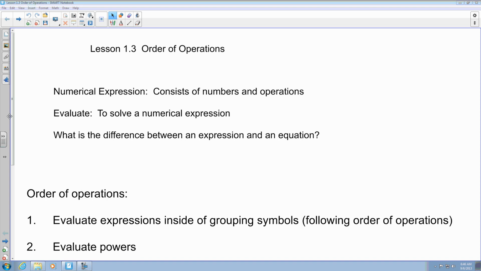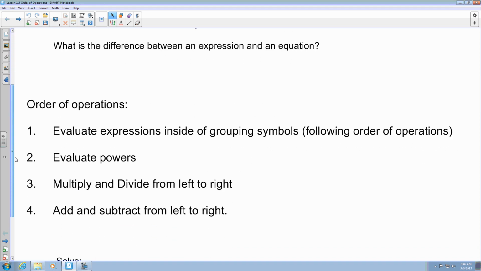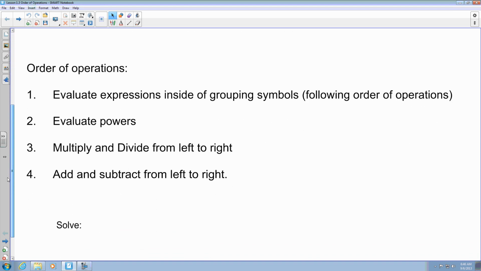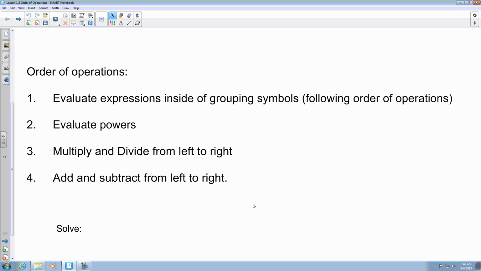So going more into what we're looking at today, we're going to talk about order of operation. Here are the steps that you have to look at in order to solve a problem using order of operation. The first step is we must solve any expression that's inside grouping symbols, such as parentheses, brackets, etc.